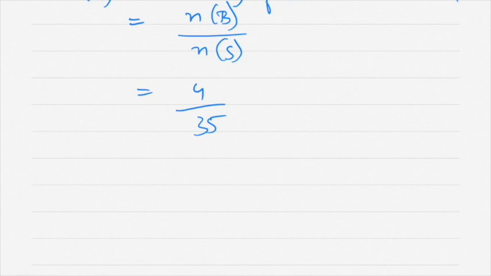You are supposed to find out what is the probability that all the 3 balls drawn are either blue or red.